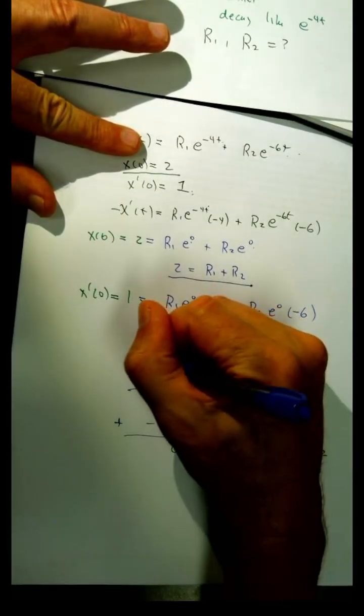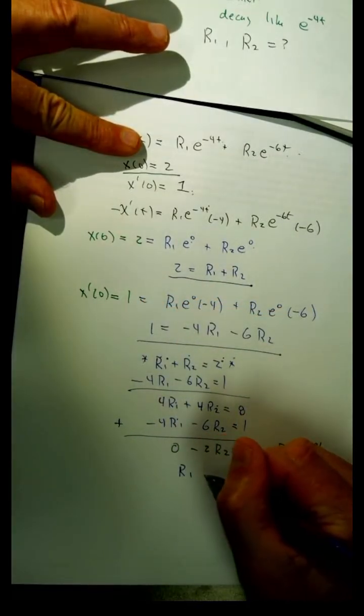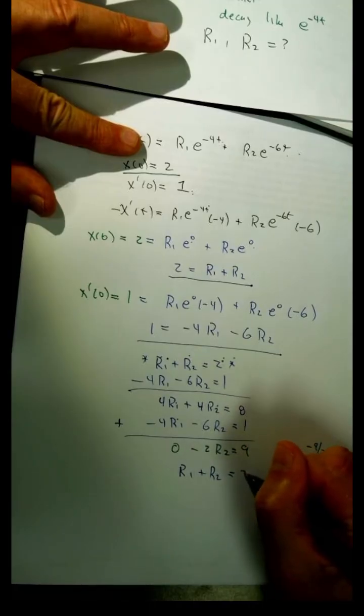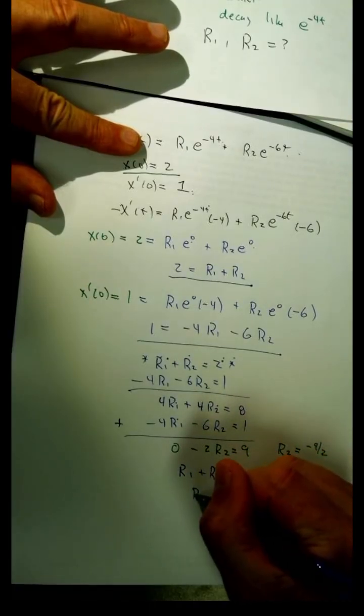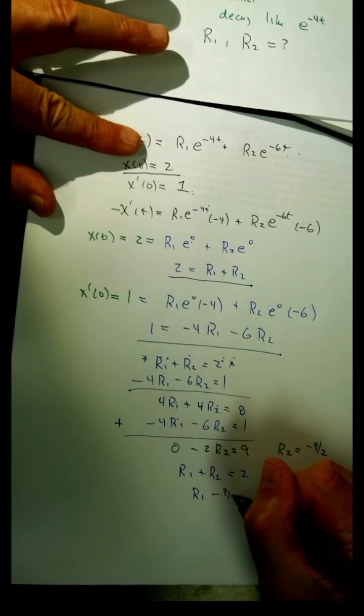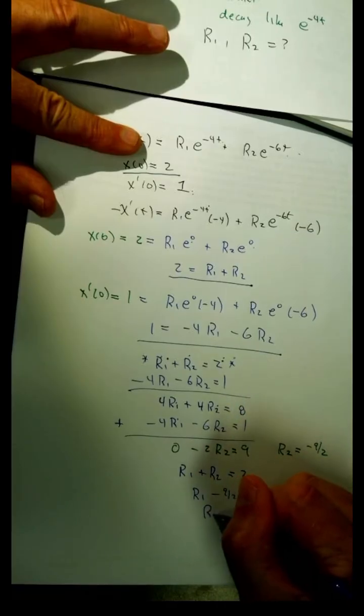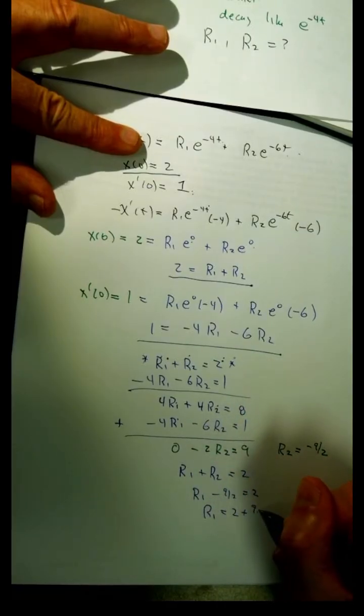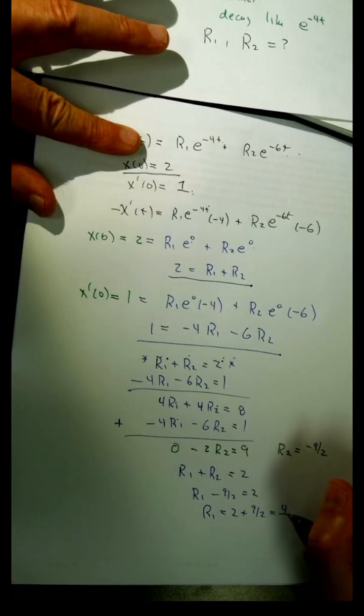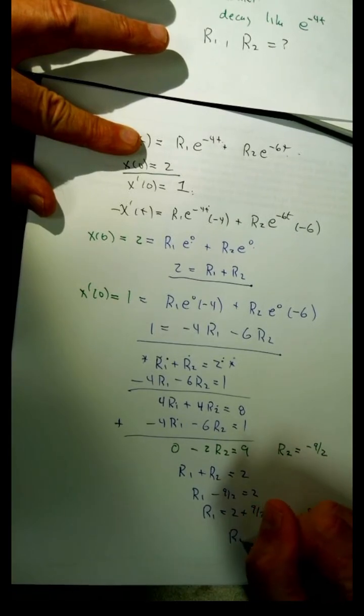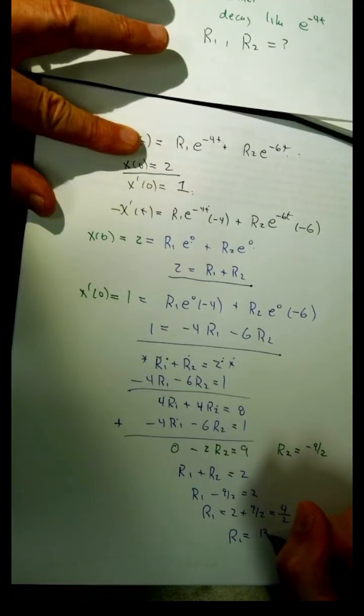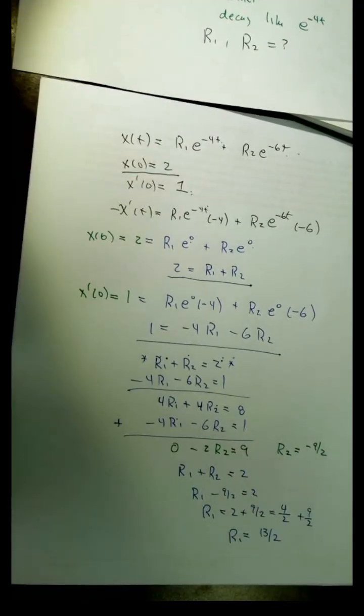Now using r1 + r2 = 2, I know that r2 is -9/2, so r1 is going to be 2 plus 9/2. I'm going to write 2 as 4/2, so r1 is 13/2. What does this mean?